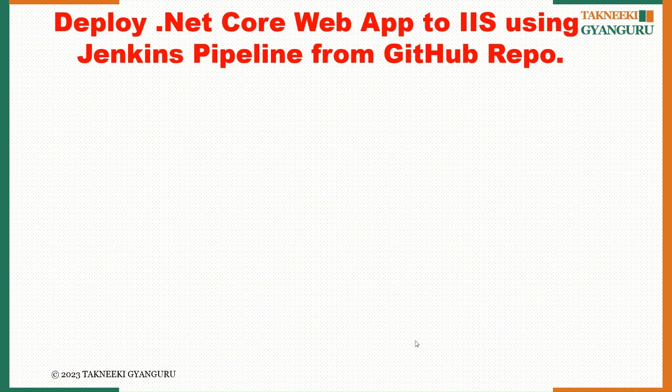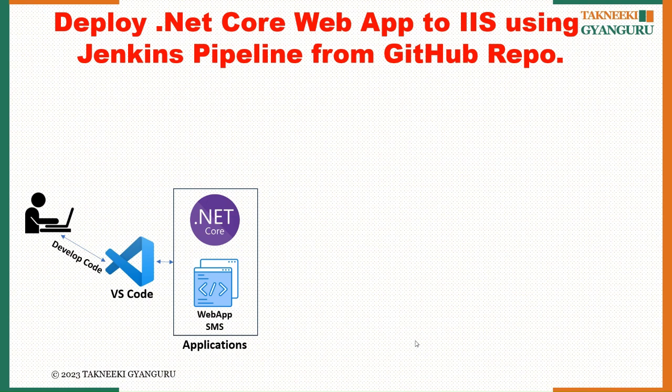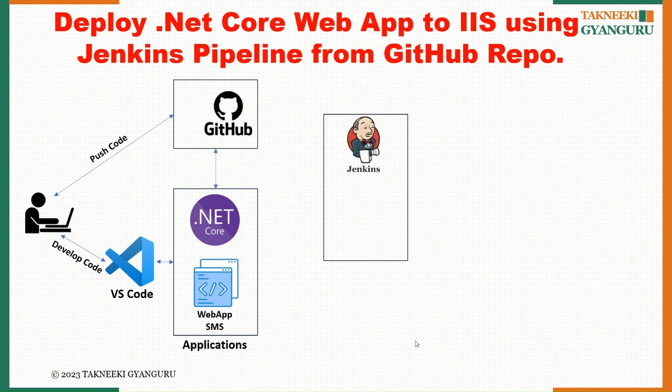So let's understand. The user will develop code in Visual Studio Code, .NET, a web application, a simple student management system, and this will be pushed into GitHub. And Jenkins will pull the code from GitHub and build the code.